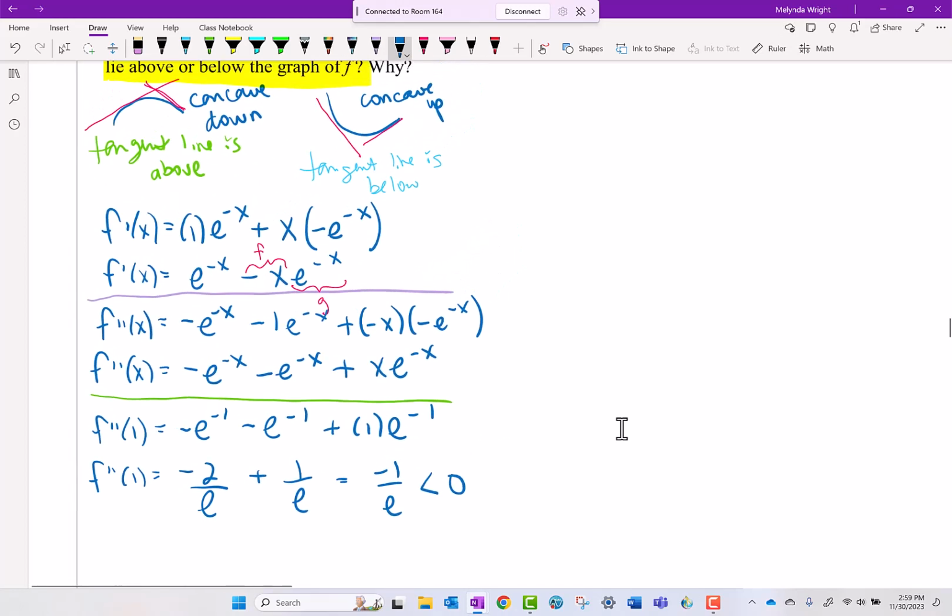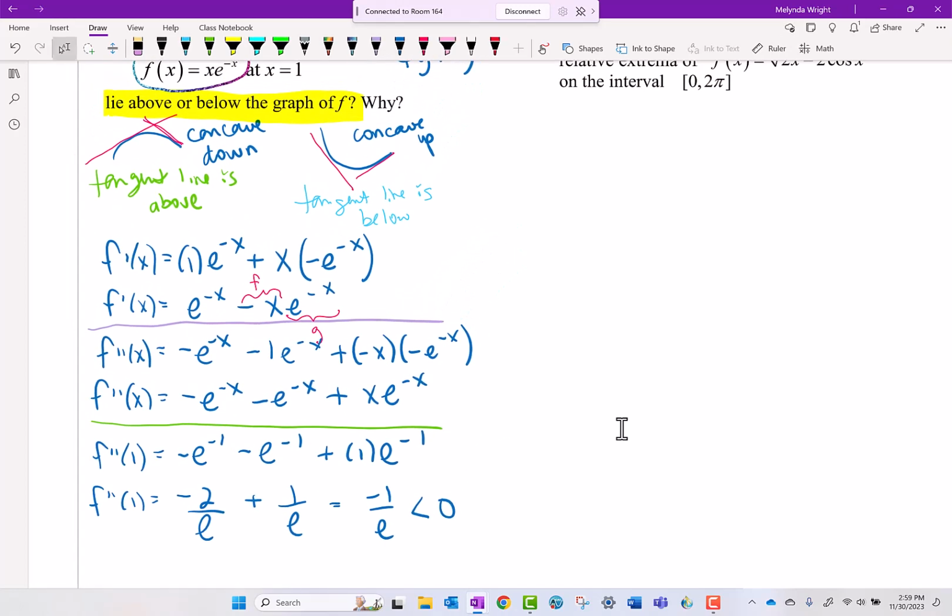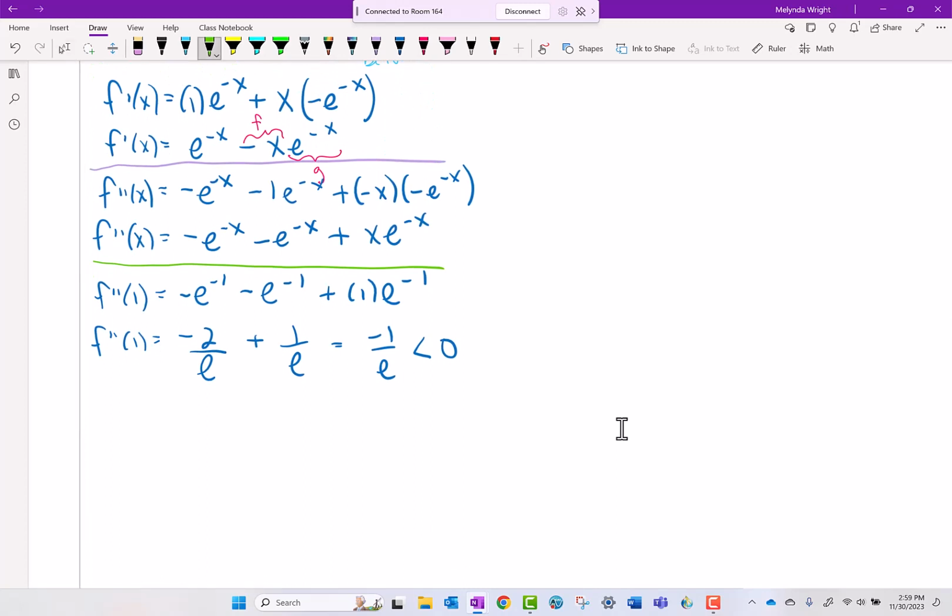Let's look at our little table, our little chart up here. If the first derivative is less than 0, are we concave up or concave down? We're concave down. So that means the tangent line is above. So let's write out our answer.